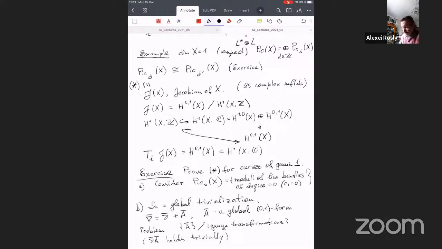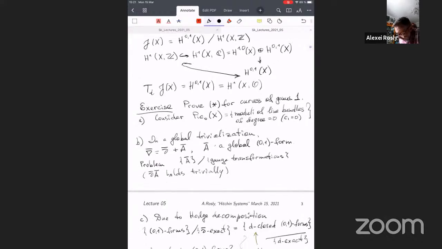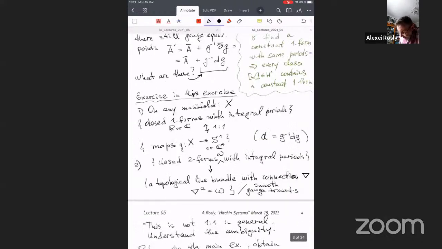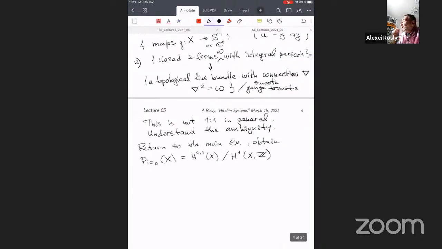Good. So everything here was an example of how to understand the Picard group, or the moduli space of line bundles on complex curves. Okay, good. Now let us consider the situation with genus 0. Another example, I do not number examples, sorry: X equal to CP1.